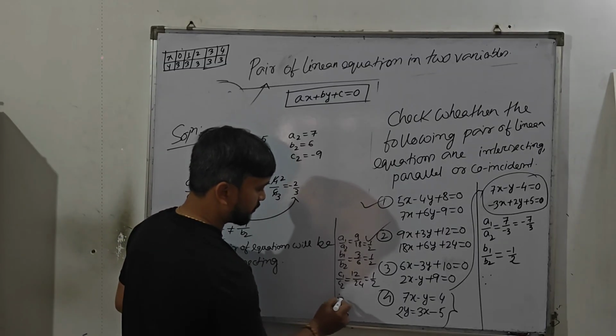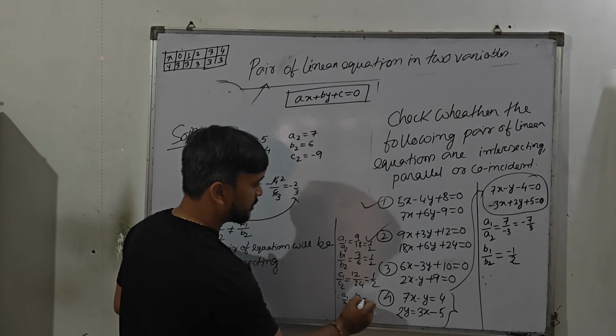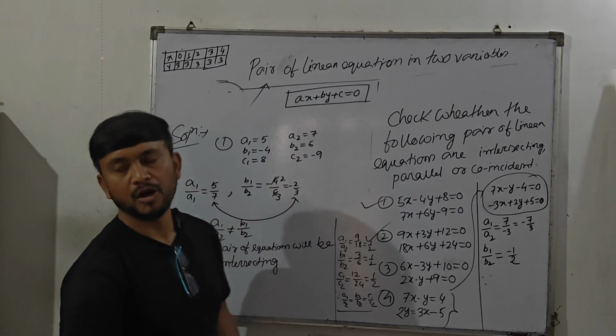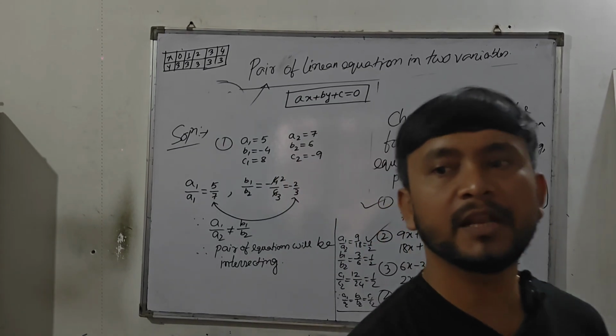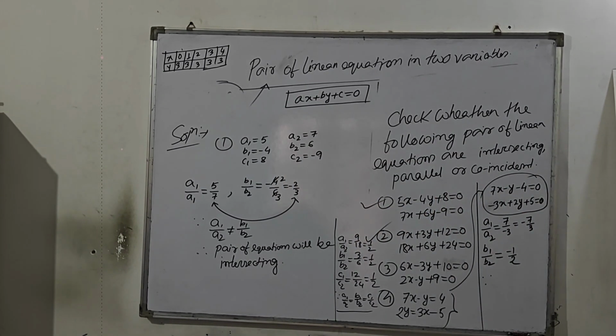Therefore, since a1 by a2 is equal to b1 by b2 equal to c1 by c2, we get coincident lines and there will be infinitely many solutions.